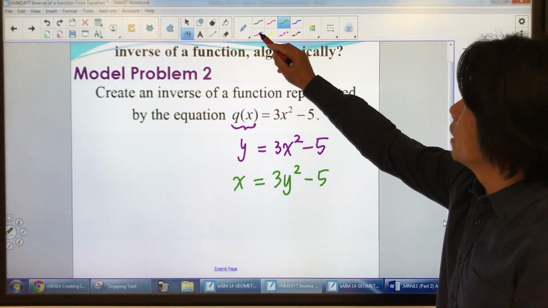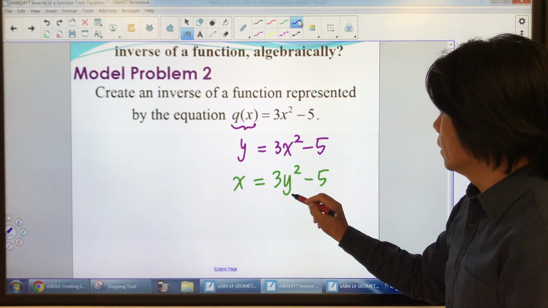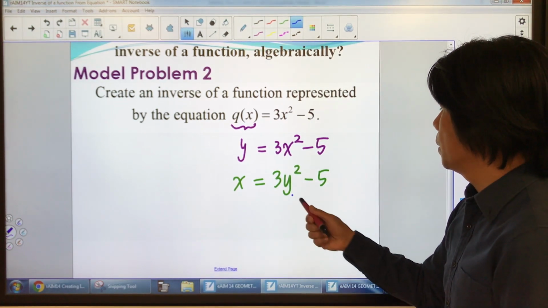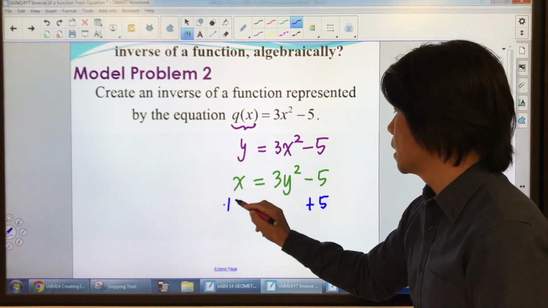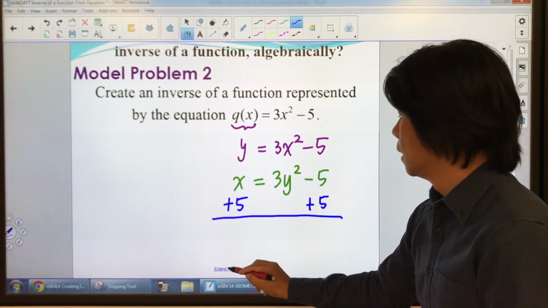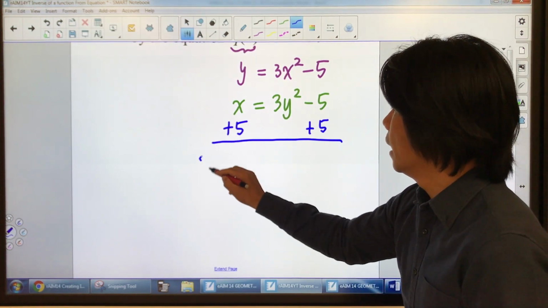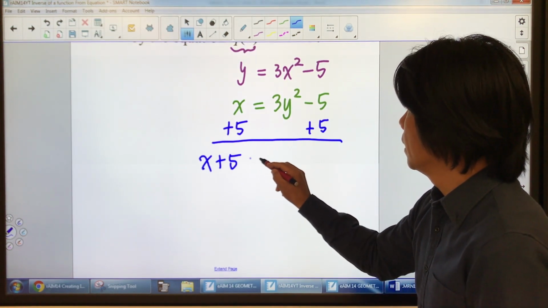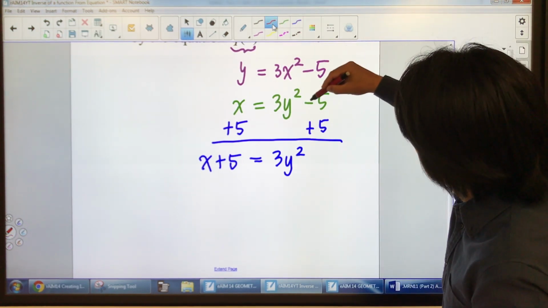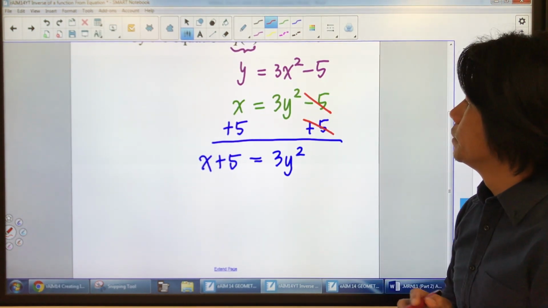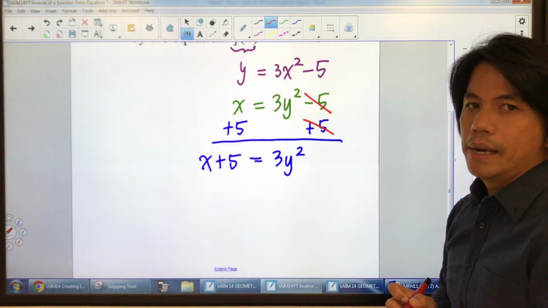Now we isolate y, right? By doing what? Inverse operation. We add 5 to both sides. And now I have x plus 5 equals 3y squared. Right?